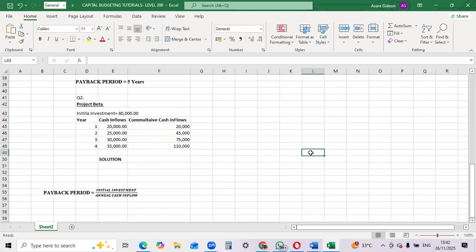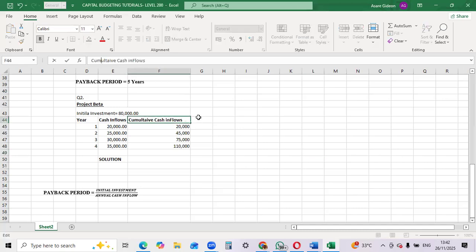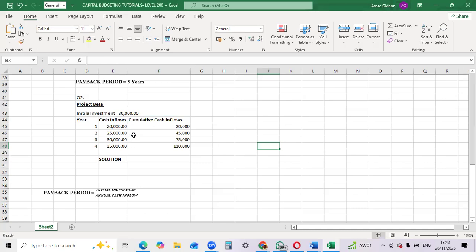Okay. So basically, year one is 20,000. 25 plus 20 is going to be 45. 30 plus 45 is going to be 75. Then 35 plus 75 is going to be 110.